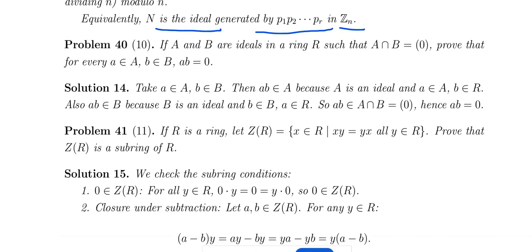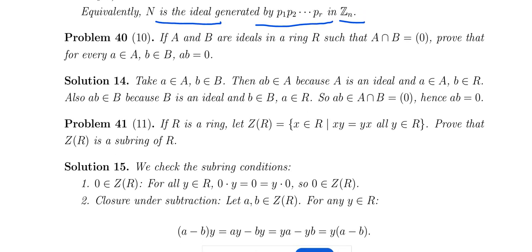Another result: A and B are ideals of ring R. Then if A intersection B equals 0, then for a belongs to A and b belongs to B, ab equals 0. In the case of the ideals A and B, A intersection B equals 0. Both A and B are ideals.